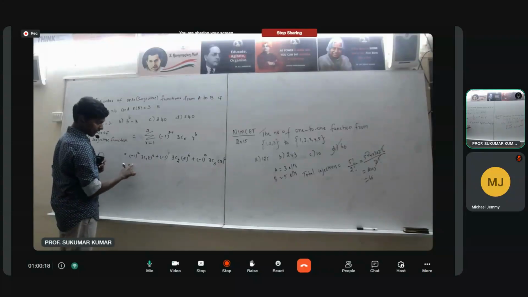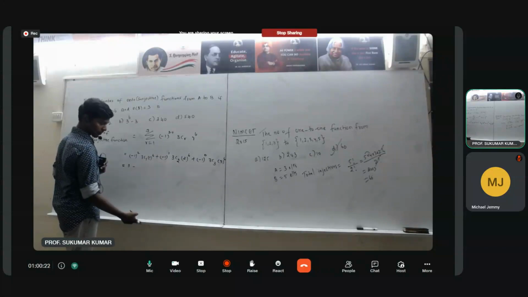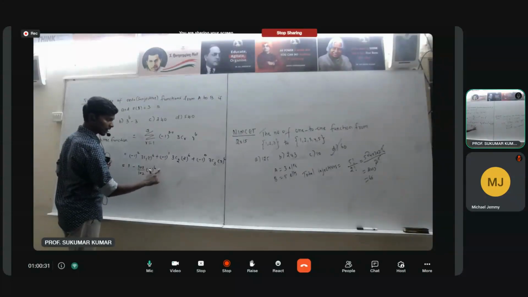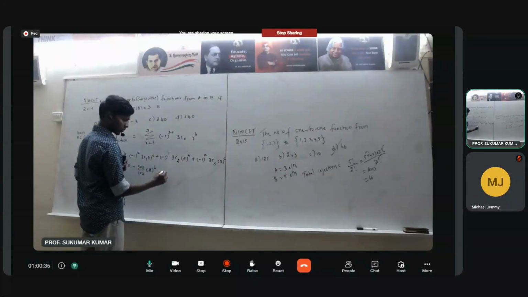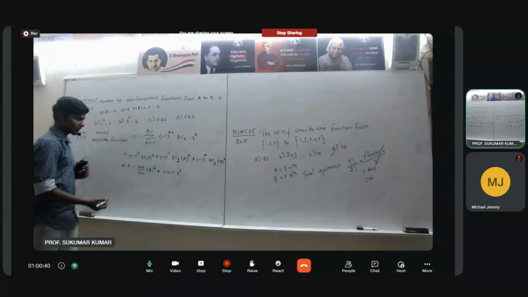And this is odd, right? So minus will come definitely. And 3C2, what do we say? 3 into 2 by 1 into 2, which is 3, and 2 power 6. And finally, anything power 0 is 1, and 3C3 is also 1, and 3 power 6.